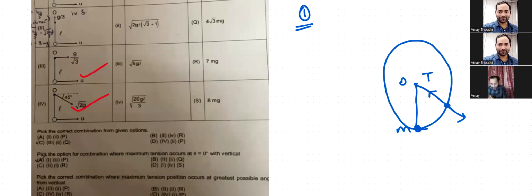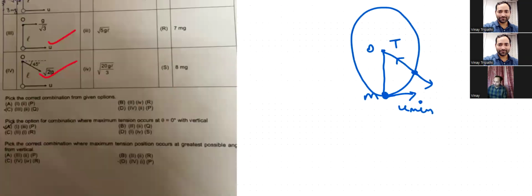And the maximum tension that you have to find out. Okay, I have told already. So here, what are the forces? Just at angle theta, make a free body diagram.